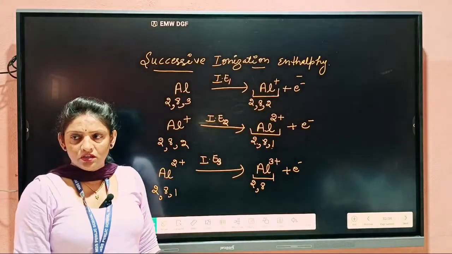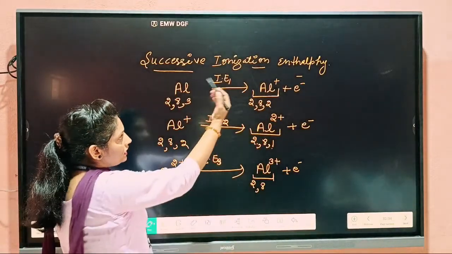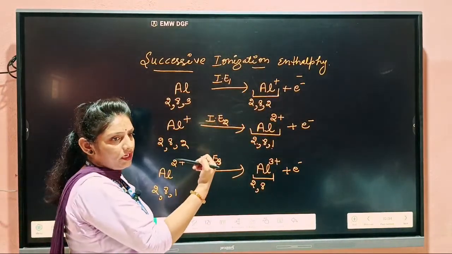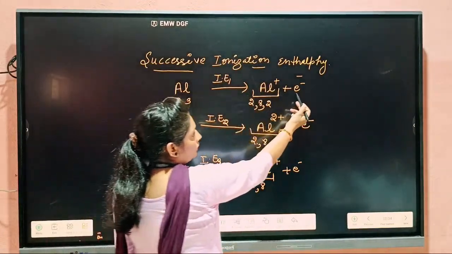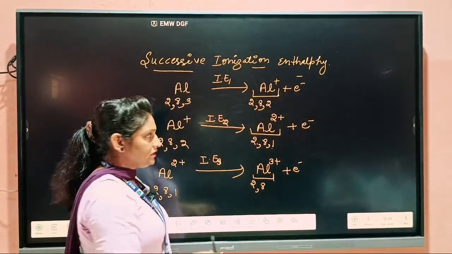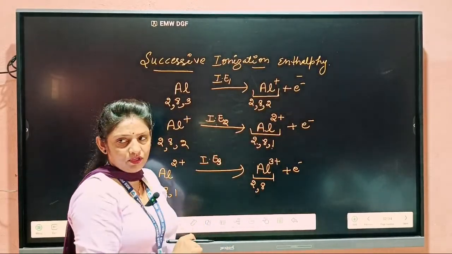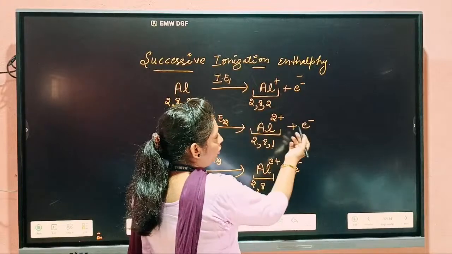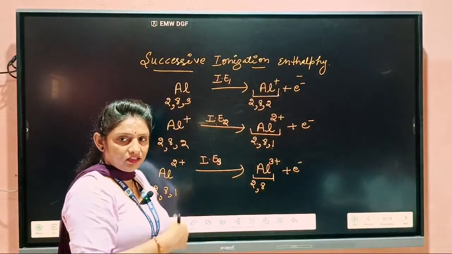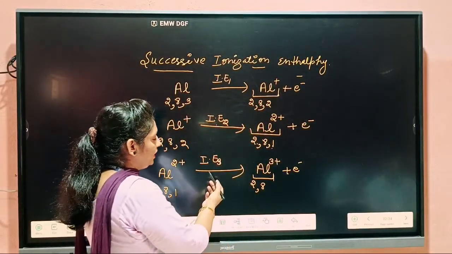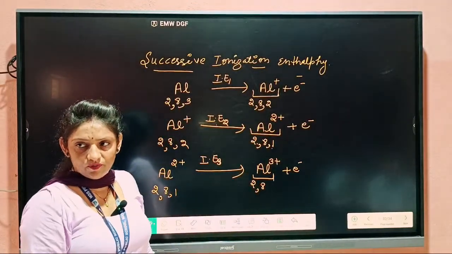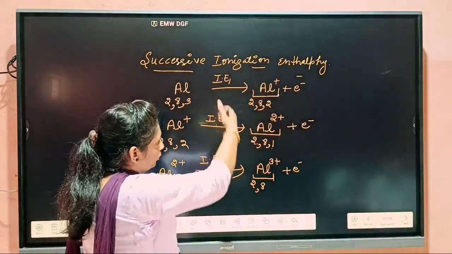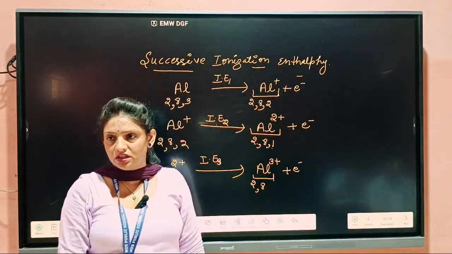Clear or not? So students, this is the first ionization enthalpy, the energy required for removal of the first electron. This is the second ionization enthalpy, required for removal of the second electron. And the third ionization enthalpy is required for the removal of the third electron. These are known as the successive ionization enthalpies.